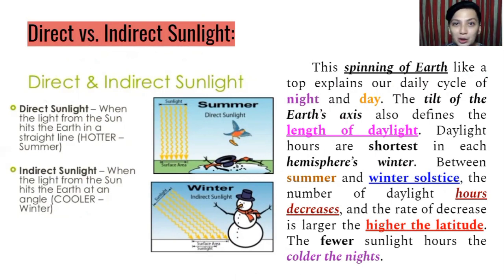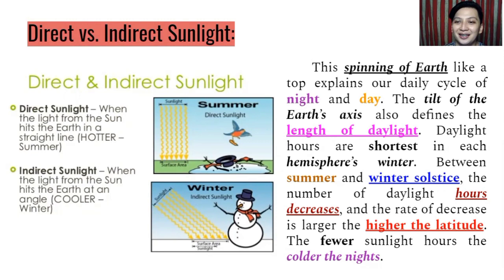When we are talking about rotation, it is the motion of the Earth rotating on its own axis. That's imaginary, okay? And then, when we are talking about revolution, as the Earth rotates, we can say, it also revolves around the sun.